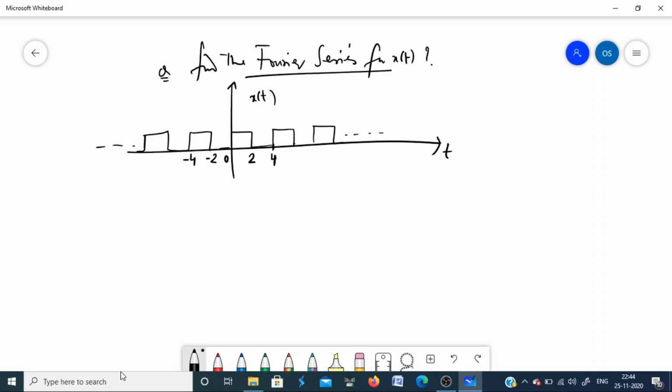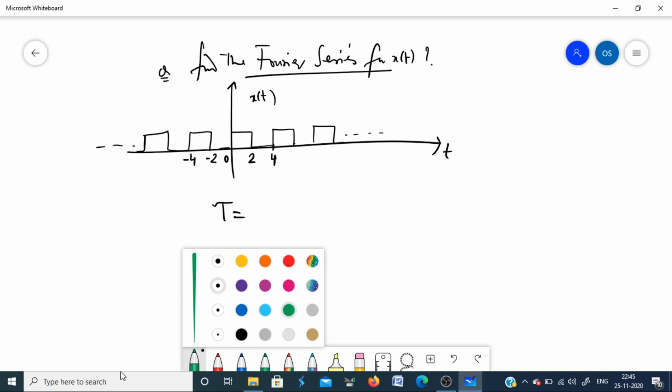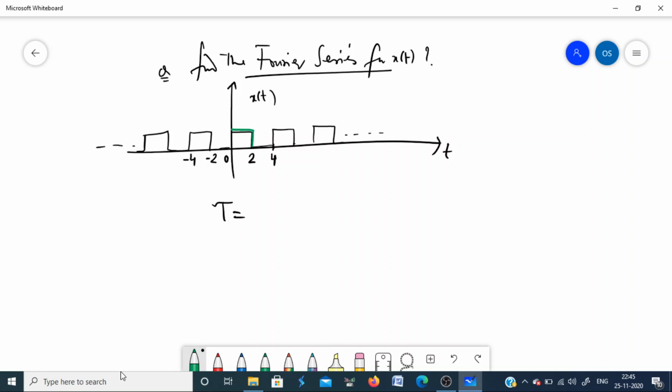Now in this question you can simply calculate what is the time period. You can compute it from this signal, it is this much. If you look at the time period, it is this one. This is one time period, and then it repeats with this period, and so on, similarly from the left side.